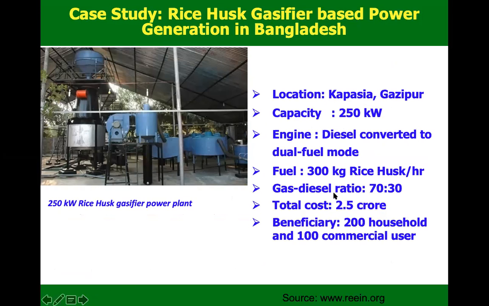The gasifier uses 300 kg of rice husk per hour, with a gas to diesel ratio of 70 to 30, and a total cost of 2.5 crore, benefiting 100 households and 100 commercial users. So by using rice husk, you can even generate electricity by gasification, because this is smarter than the briquette technology.